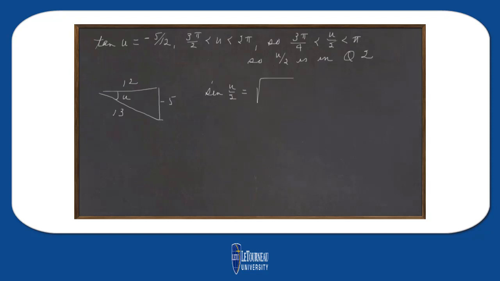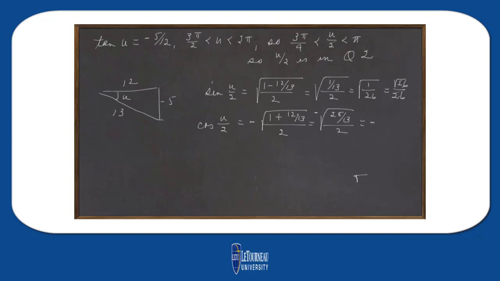So the sine of u over 2 then would be the square root of 1 minus 12/13 over 2, and the sign is positive in the second quadrant. However, we'll use the negative sign for the cosine because in the second quadrant, the cosine is negative.